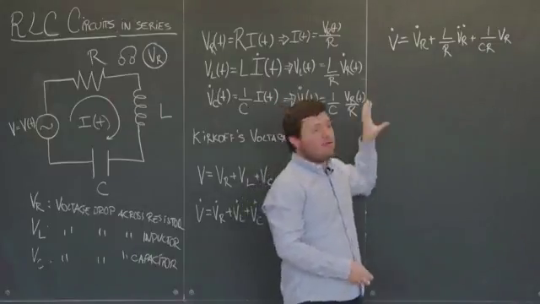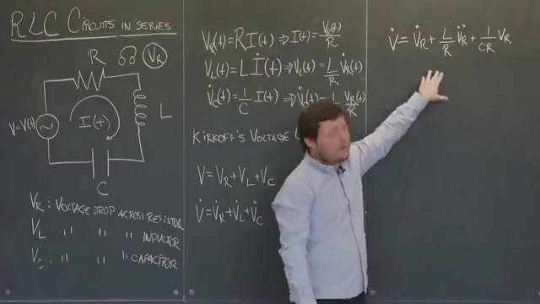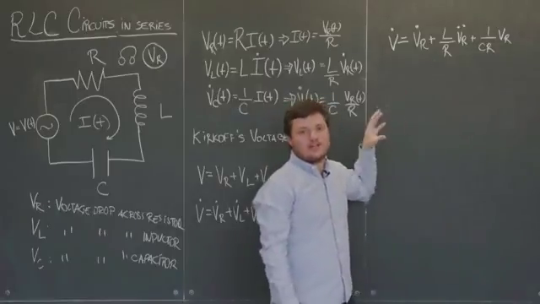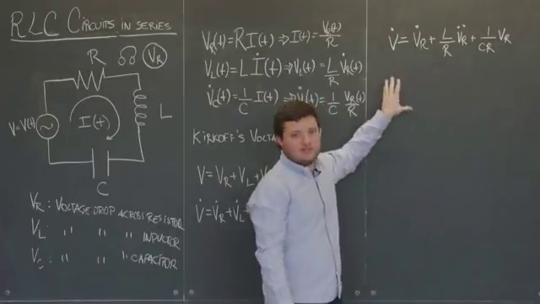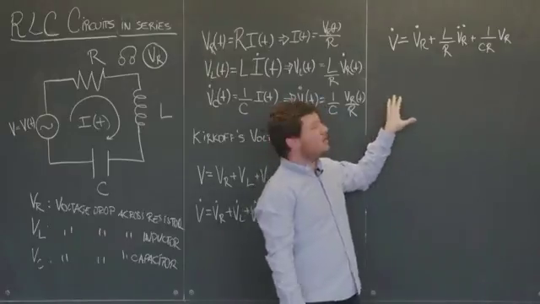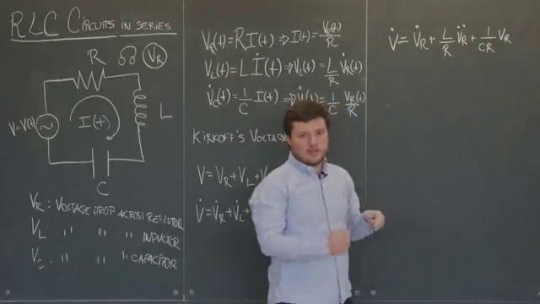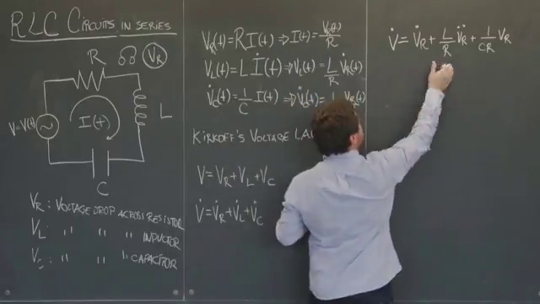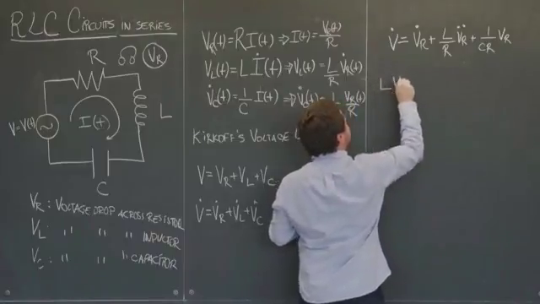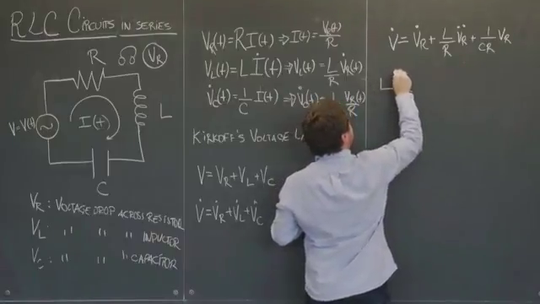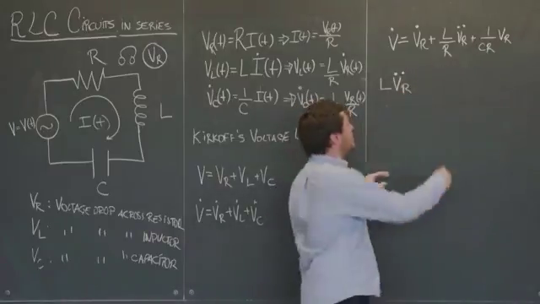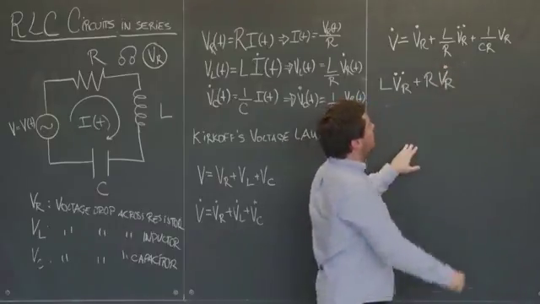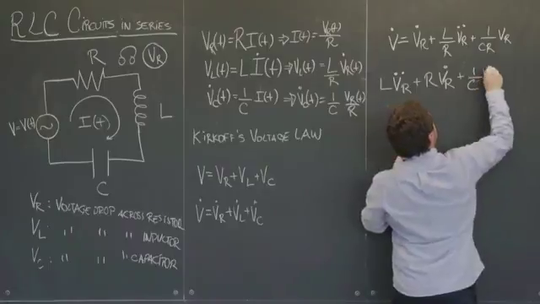For simplicity, I will multiply both sides by R. That way, each component will only have a single parameter, a single constant multiplying it, and we'll see that in a second. And I'll reorder such that the higher order derivatives appear first. So multiplying by R and putting first the highest order derivative, we would have L times VR double dot, so that's the first term, plus R times VR dot, plus 1 over C VR.